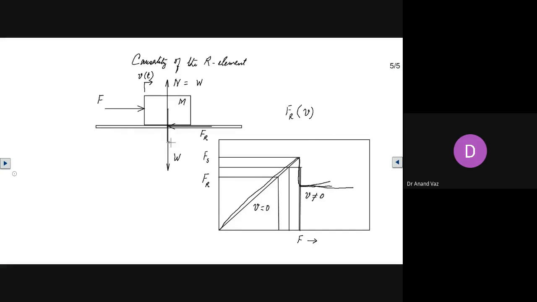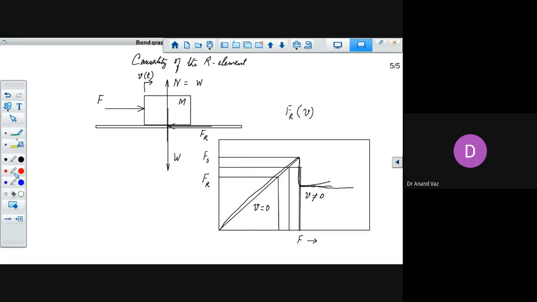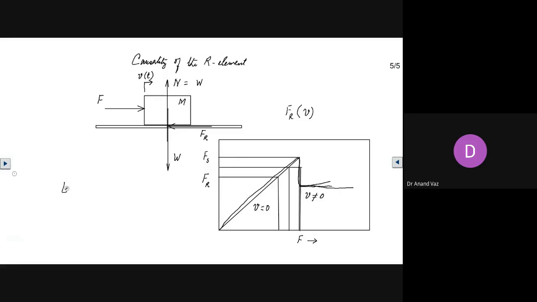This is the case of dry friction, where the relationship is not invertible. So it's an example of a non-invertible causality relationship.